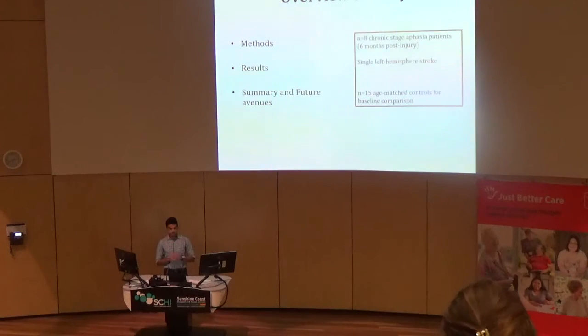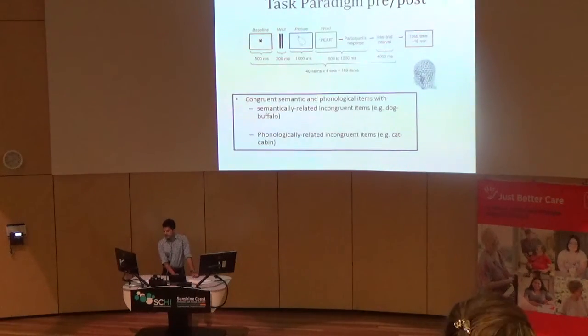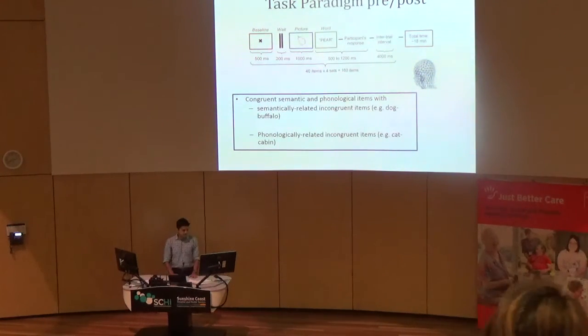The subject cohort that we focused on was a small sample of 8 patients at the chronic stage. They all had a single left hemisphere stroke, and we also had 15 age-matched controls participate in the trial as a baseline. A little bit about the task itself. I don't have much background in speech pathology or aphasia rehabilitation, but I'll try and do this justice.